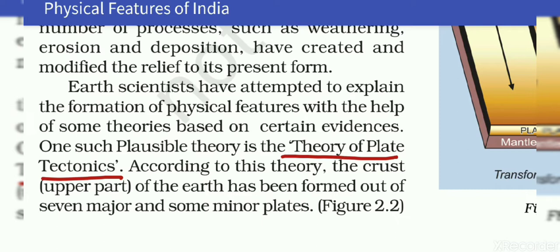According to this theory, the Earth's surface or lithosphere has been formed out of 7 major and some minor plates that move and interact in various ways. Here the word plate refers to one of the large moving layers of rocks that the Earth's surface is believed to be made of. Let us see and know the names of the 7 major plates.